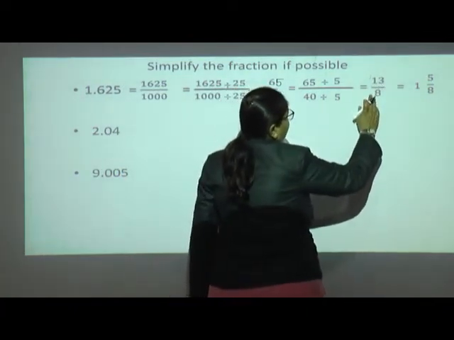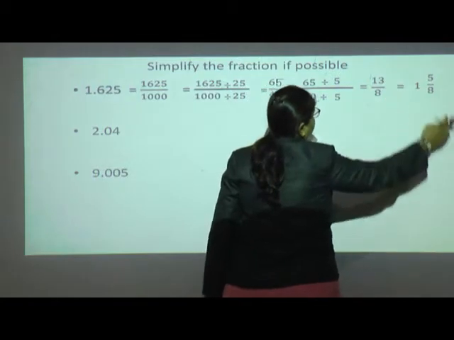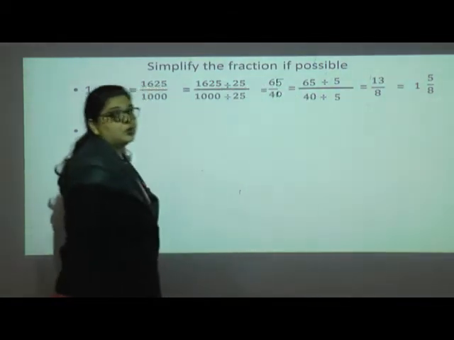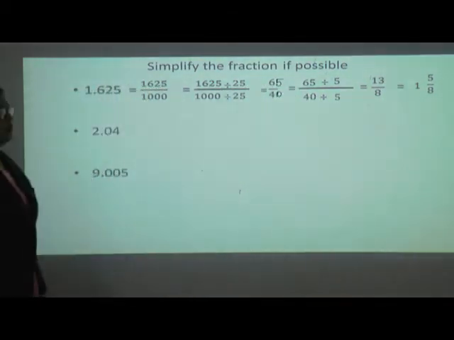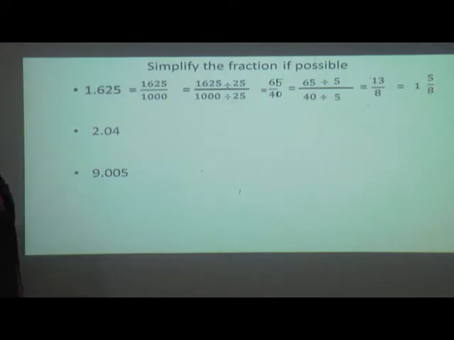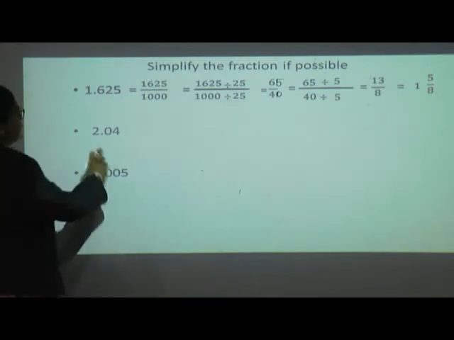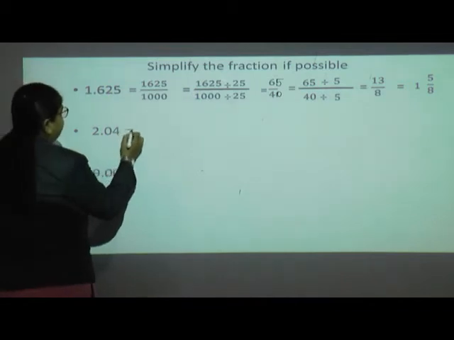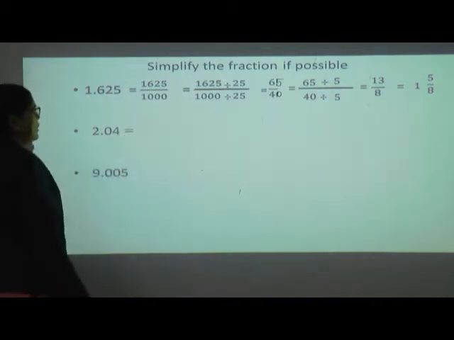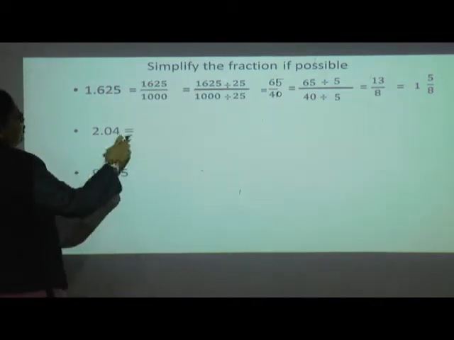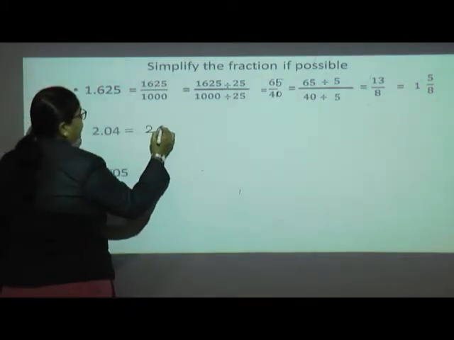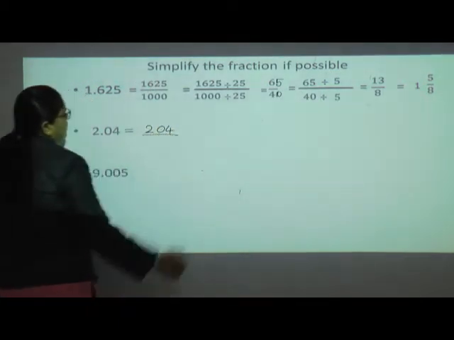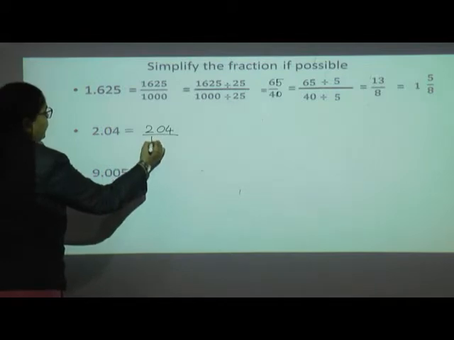Now it's an improper fraction, so we have to convert it into a mixed fraction, which gives 1 whole 5 upon 8. We will see the next example which is given. First step, first we have to write the number in the numerator, which is followed by 1.